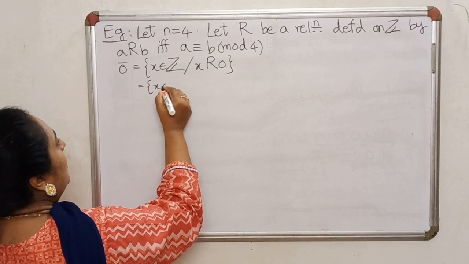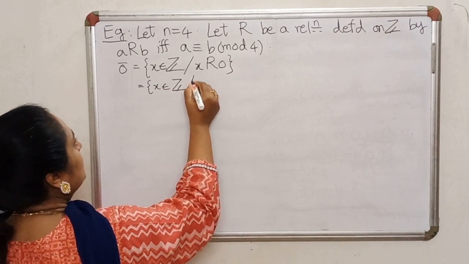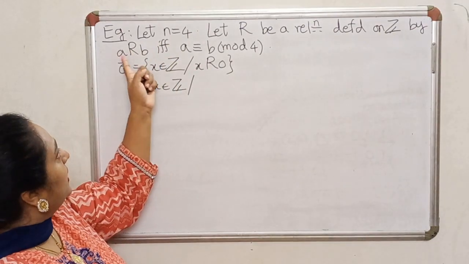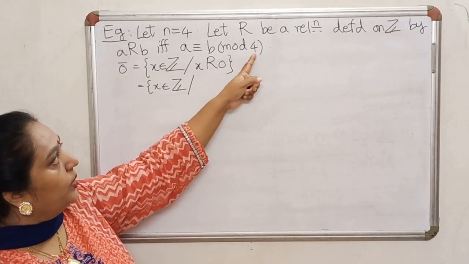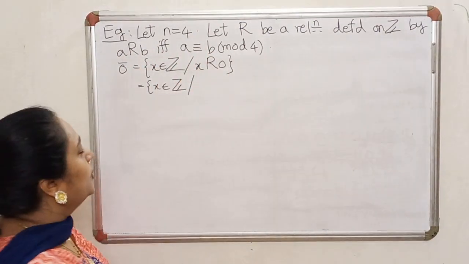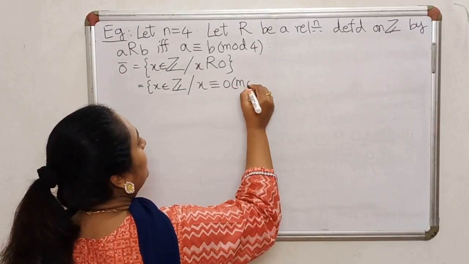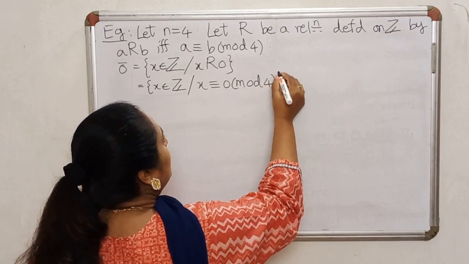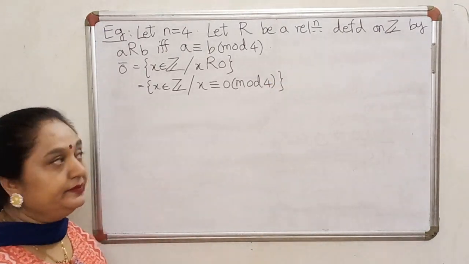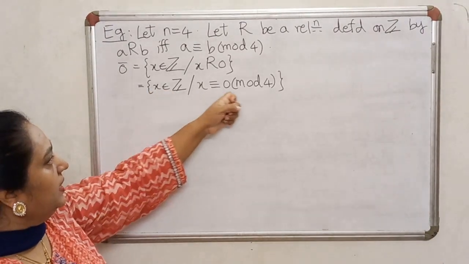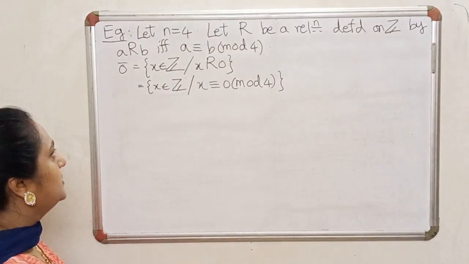This will contain all the elements, and keep in mind what the relation is: A is related to B if and only if A is congruent to B modulo 4. So X related to 0 means X will be congruent to 0 mod 4. I need to find out which integers satisfy this condition.